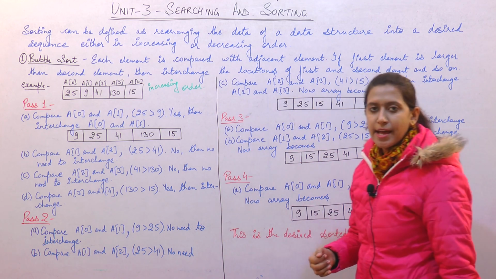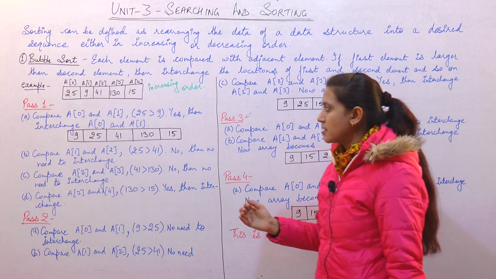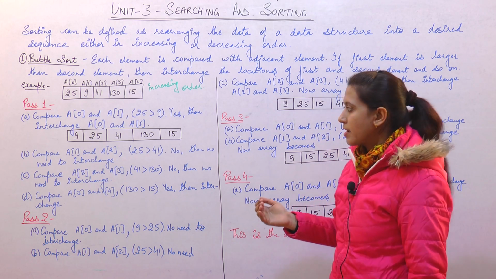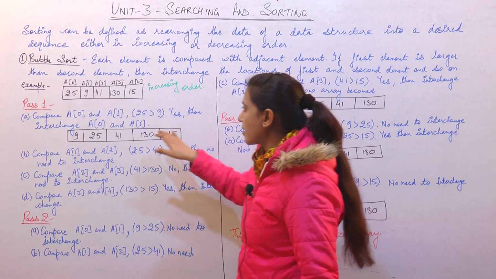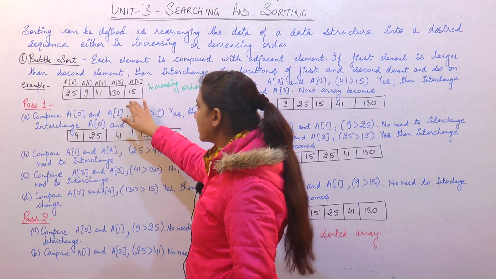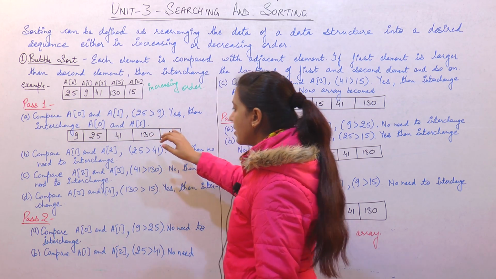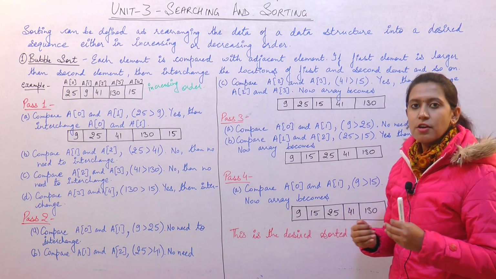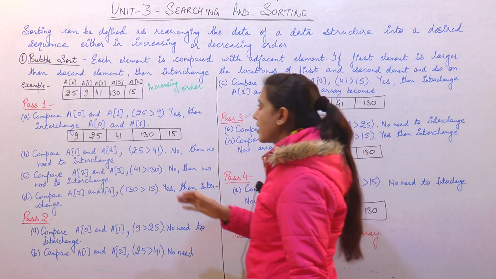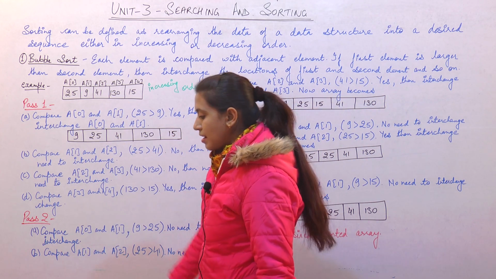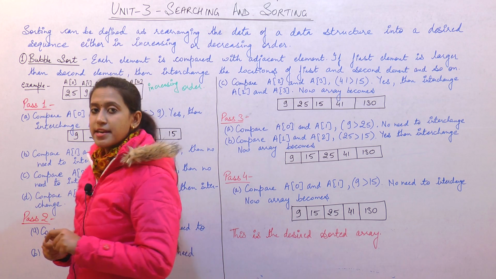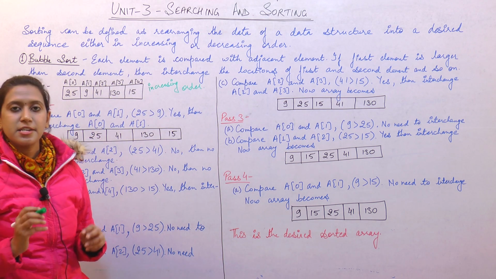We will apply different passes. In the first pass we will compare all these elements with each other. After the completion of the first pass we will get the largest data element sorted at its place.